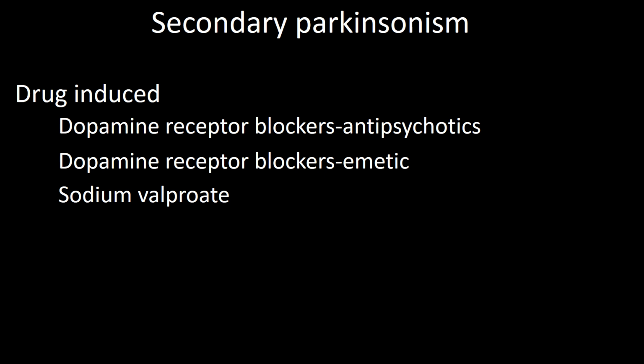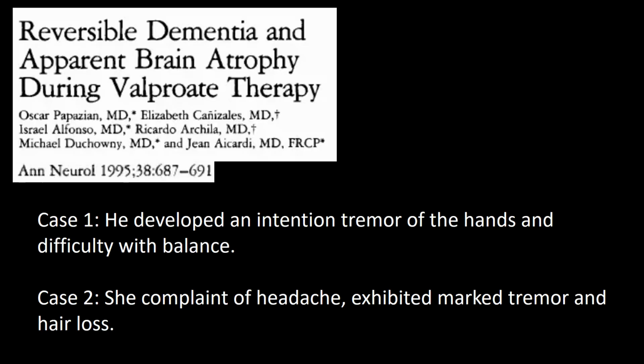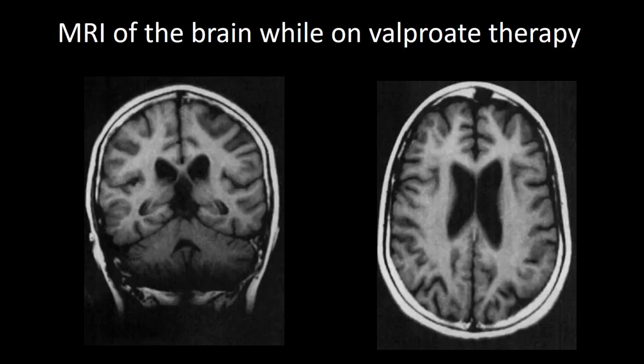Secondary Parkinsonism can occur in patients taking valproic acid. I will tell you about 2 children I saw that did. This is an article of 2 patients we saw that while on valproic acid for seizures developed tremor suggestive of Parkinsonism and dementia. The interesting thing about them was the MRI. This is the MRI of one of them while on medication.